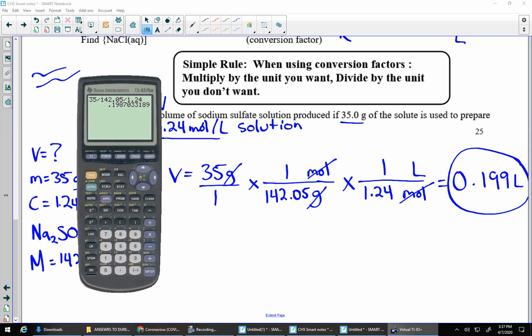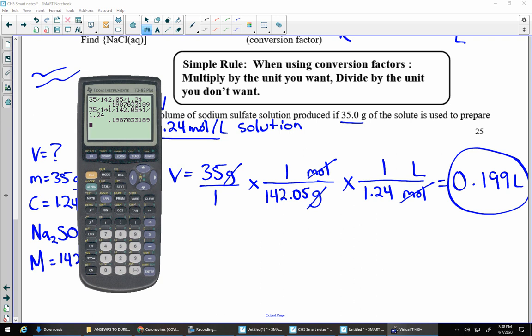So if I were to do this, I could say 35 times, oh, even before that, 35 divided by 1 doesn't change anything, times 1 still doesn't change anything, divided by 142.05, that definitely changes something, times 1 doesn't change anything, and then divided by 1.24 definitely changes something. Going to give me the exact same answer. So multiplying by 1, dividing by 1 doesn't really change much.